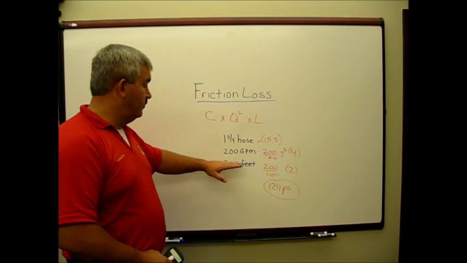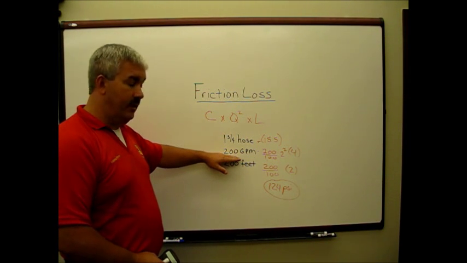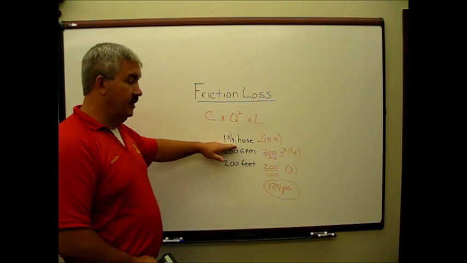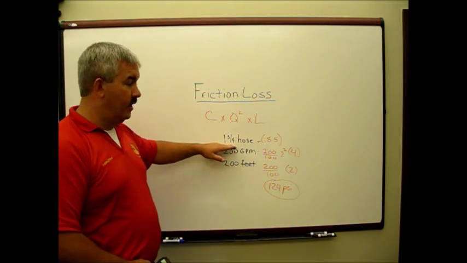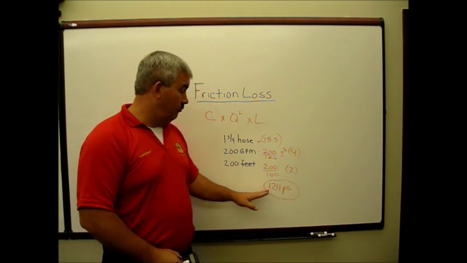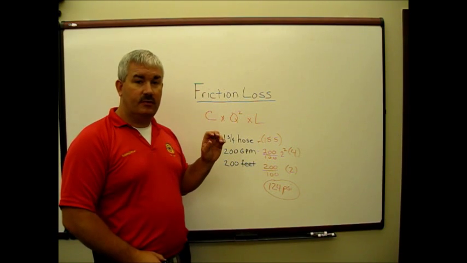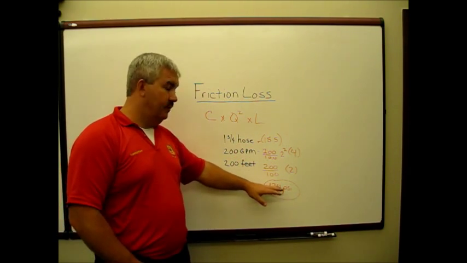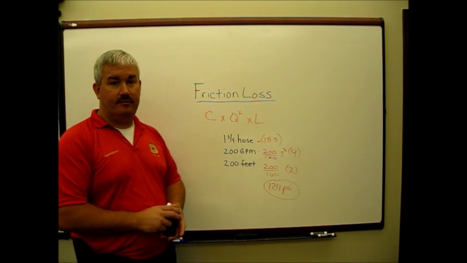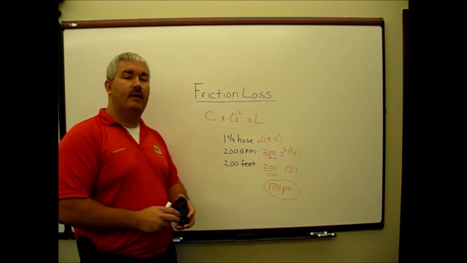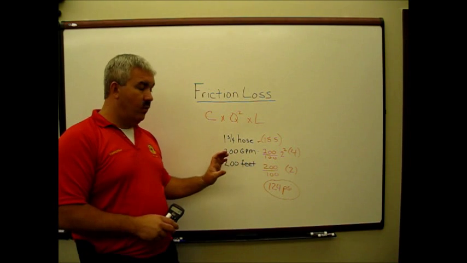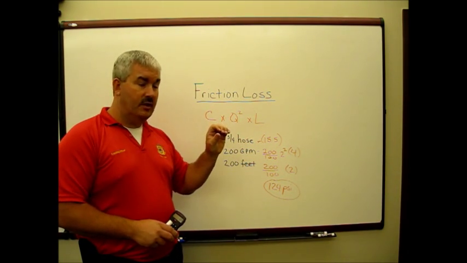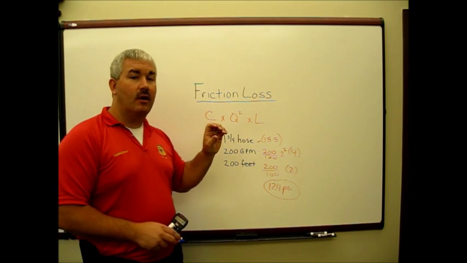It's going to take friction loss, just the friction loss, not your total pump discharge pressure, of 124 psi. That seems like a lot, but you're trying to force a lot of water through a small hose, and you're asking this to do a lot.